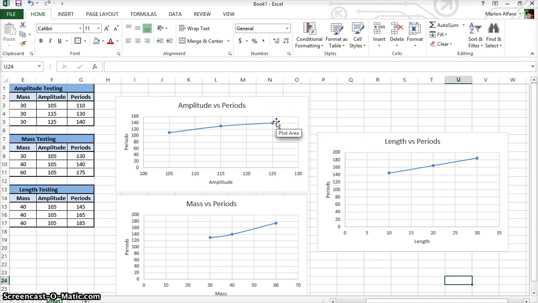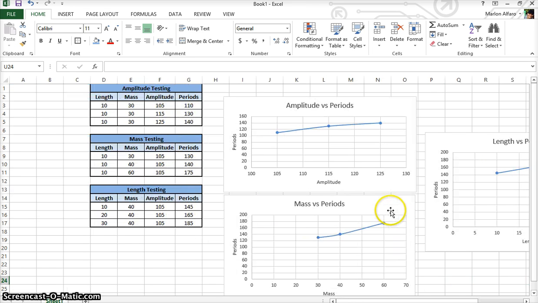So amplitude has a direct effect on how many periods there are depending on the amount of amplitude that you tested. Same thing with the mass versus period graph. As mass increases, the amount of periods increases. So as you increase the mass for each trial, you are going to see an increase of periods. Same thing with the length. As length increases, the periods increase.